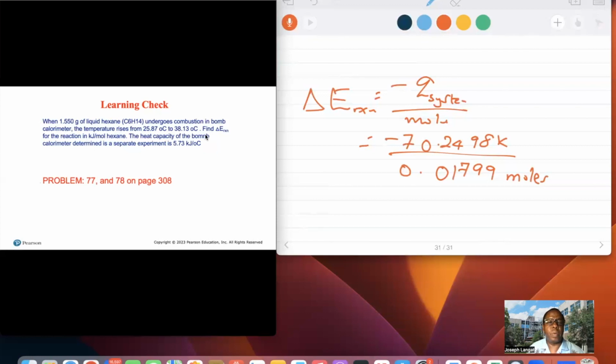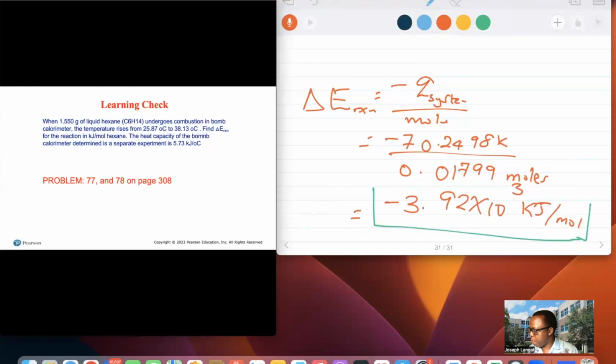If it's only asked what is the change in internal energy for the reaction, then we just give the 70, rounded off to the correct number of significant figures. With significant figures, this will be negative 3.92 times 10 raised to 3 kilojoules per mole, and this is the correct answer.